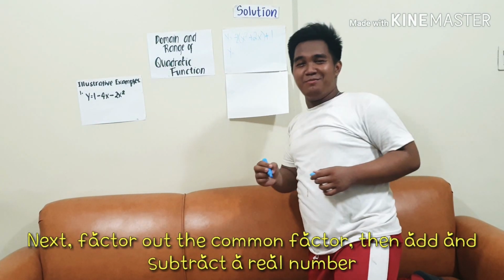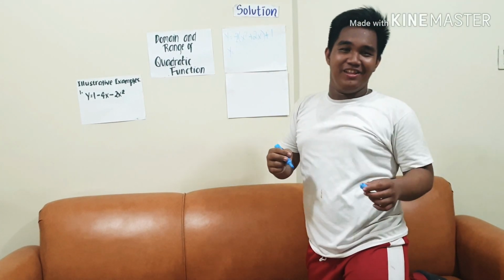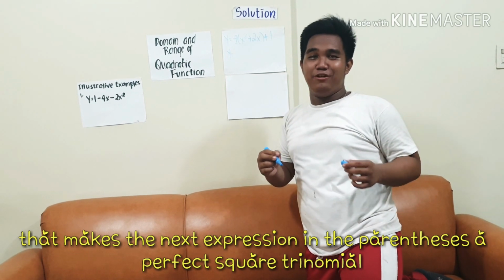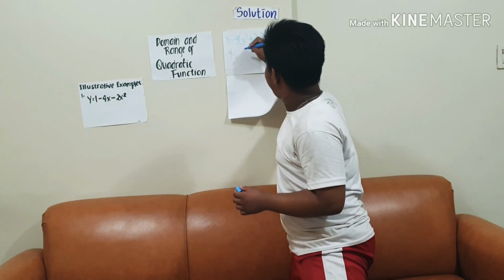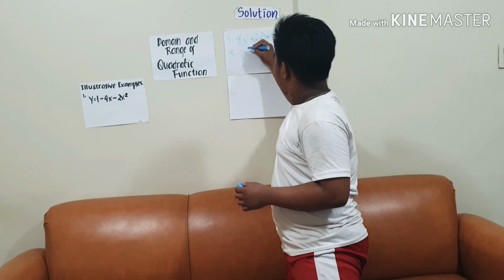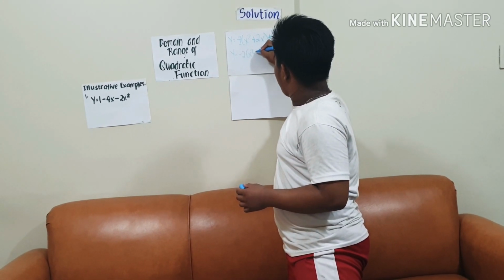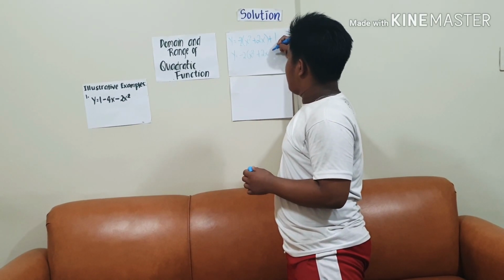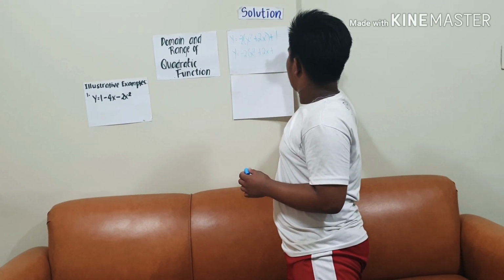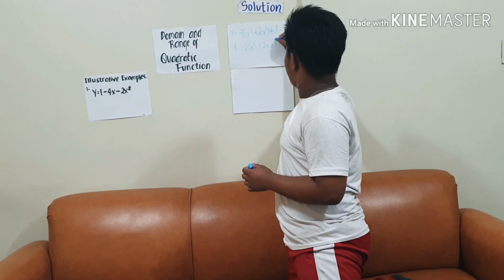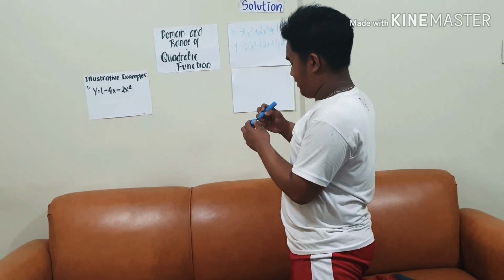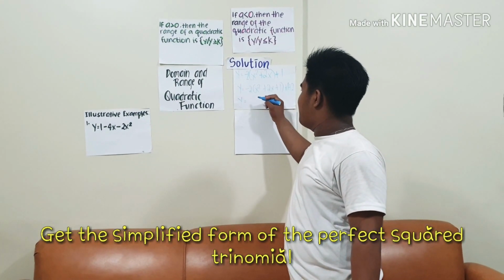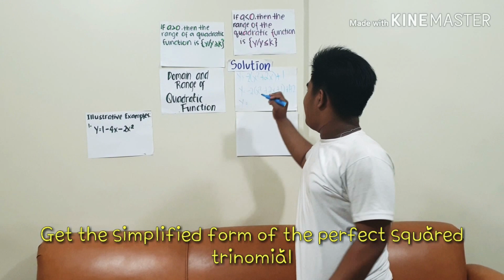Next, factor out the common factor, then add and subtract a real number that makes the next expression in the parentheses a perfect square trinomial. And next, I will get the simplified form of the perfect square trinomial.